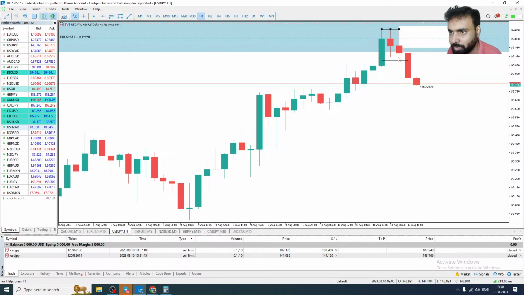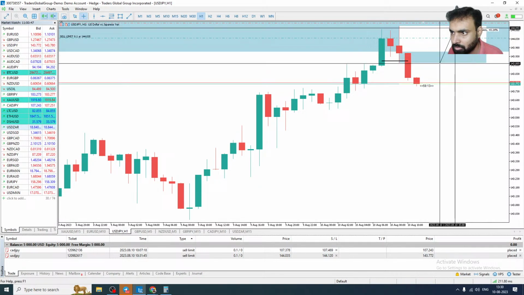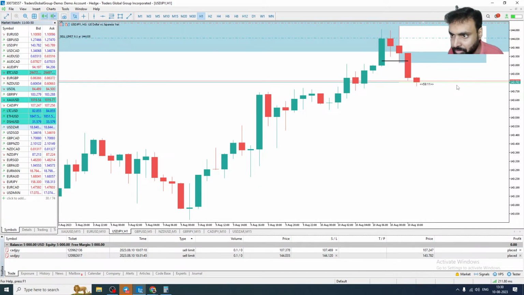This is 1 hour swing point. This 1 hour swing point is already created. This is full level. How much stop loss? 200 point stop loss. Crazy. We can do 50% of 1 hour.